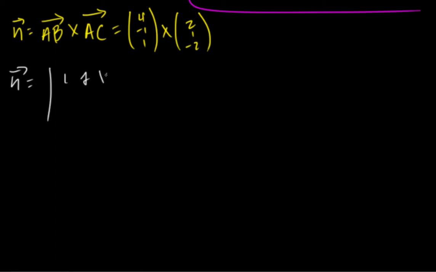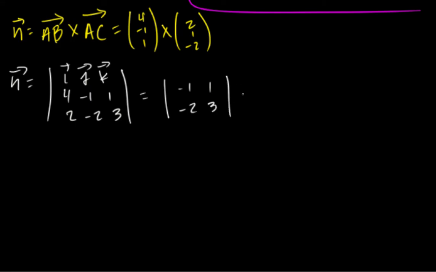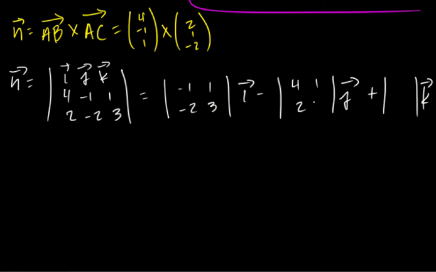Okay, so i, j, k. All right, 4, negative 1, 1, 2, 1, negative 2. Okay, so we're going to go this way first. Negative 1 times negative 2... negative 3 minus negative 2.